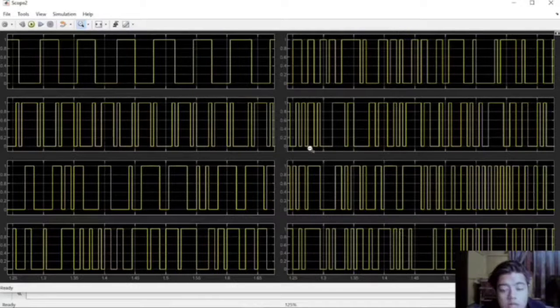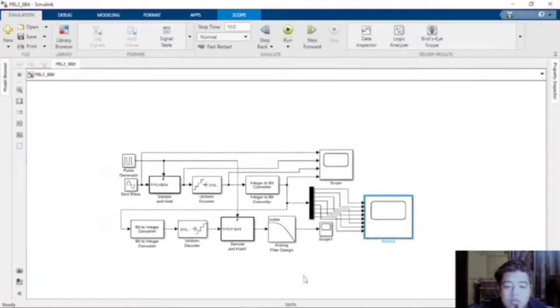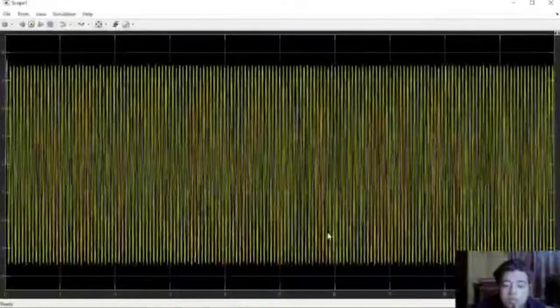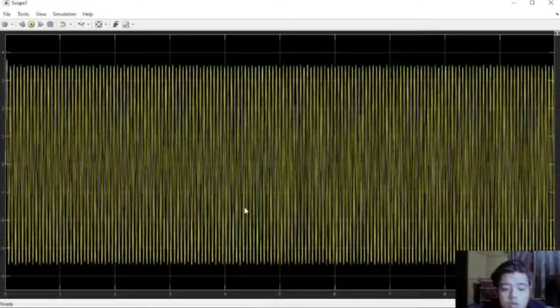As we can see, each waveform has a unique interval between them. This interval is caused by each bit's binary phase shift. And then the last scope: this is the waveform of the decoded signal for 8-bit data.